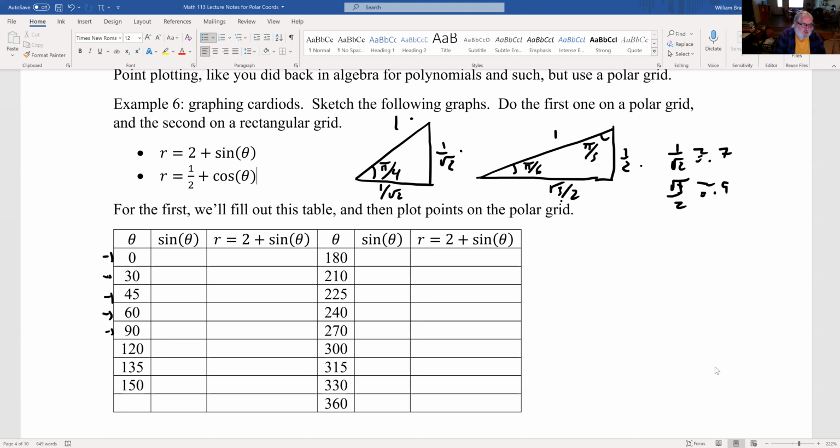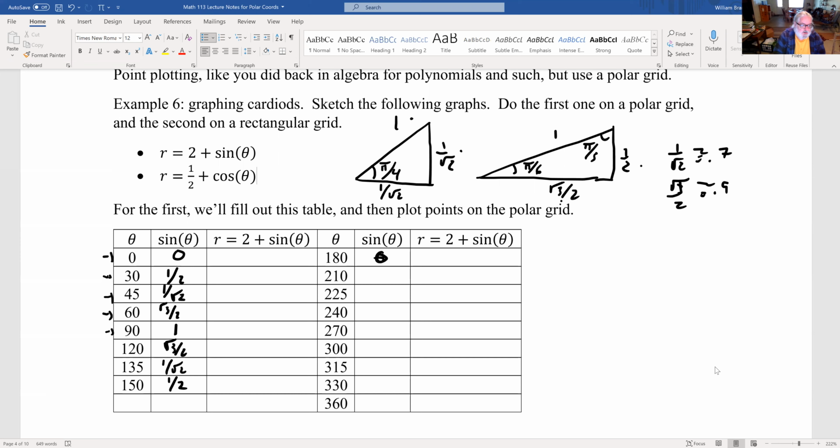So sine of 0 is 0, and then we just go up a bit. 1/2, 1 over square root of 2, square root of 3 over 2, 1, and then we go back down. Square root of 3 over 2, 1 over root 2, 1/2, and then back down to 0 when you get to 180.